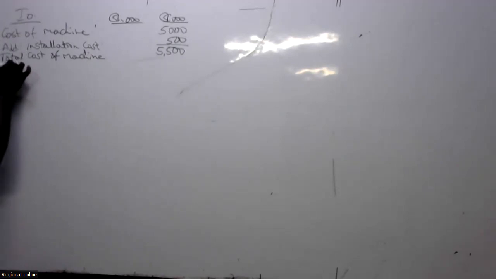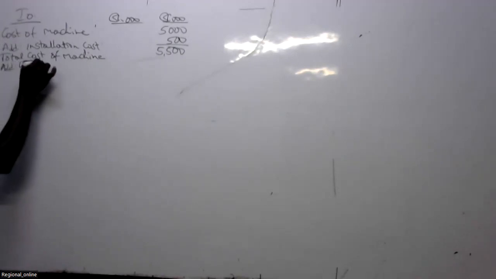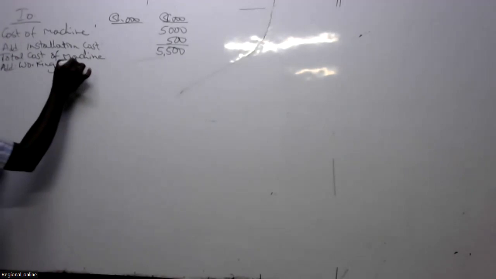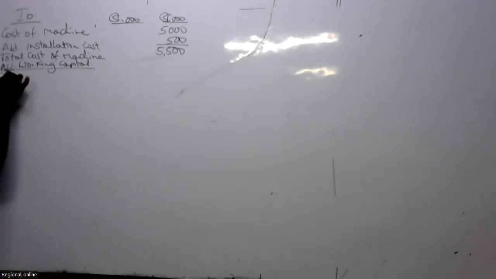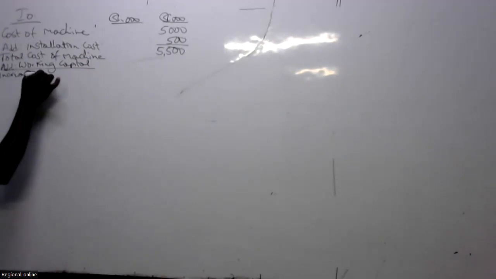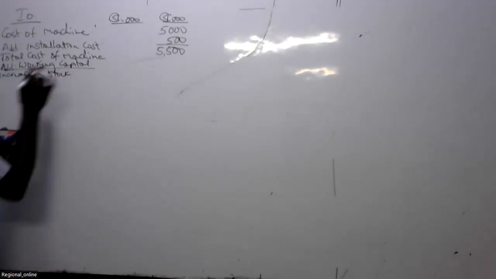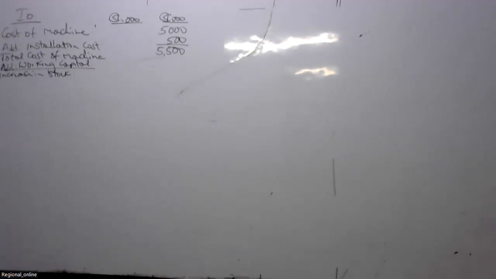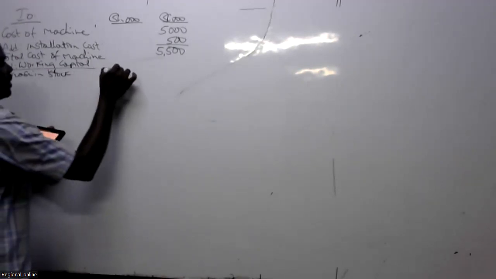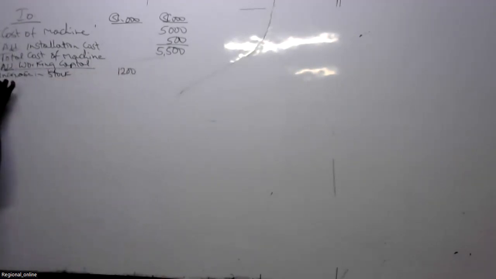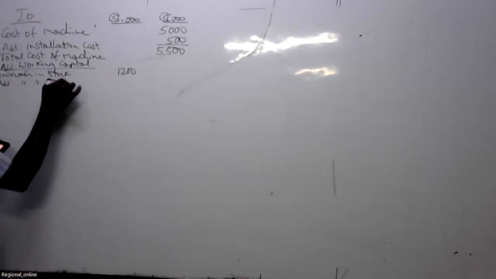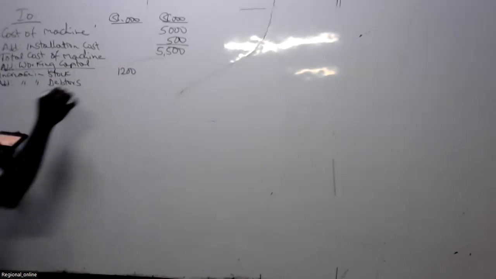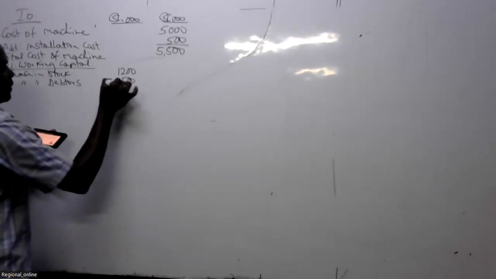So we just add the working capital. We add our working capital, where we have increase in stock. Inventory will increase by how much? 1,200, right? We add increase in debtors. Receivables, debtors will increase by how much? 1,500.